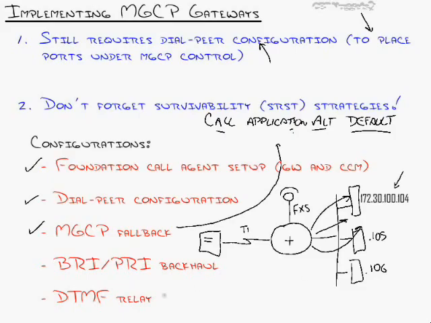The other half will come when we get into the PBX nugget, and I talk about implementing QSIG, connecting to the PBXs, and so on. The last piece is just DTMF relay. DTMF relay stands for dual tone multi-frequency. It allows you to relay all dial digits out of the bandwidth of the codec.